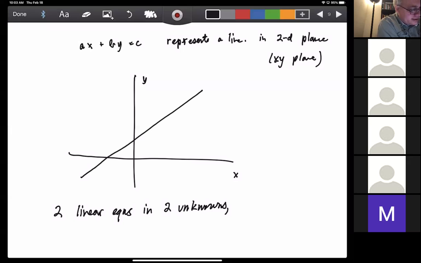And if you have another line for the second equation, there's going to be one point in the XY plane that corresponds to both of these equations. That's going to be the solution of the linear system, the single or the unique solution for the linear system.